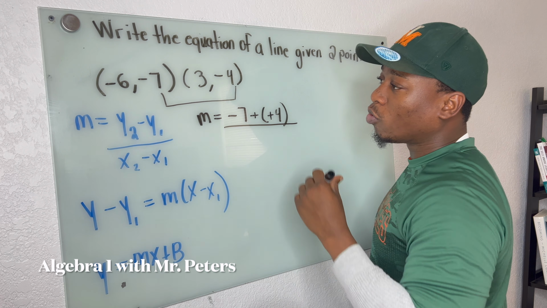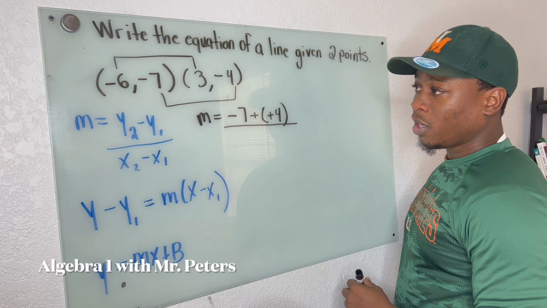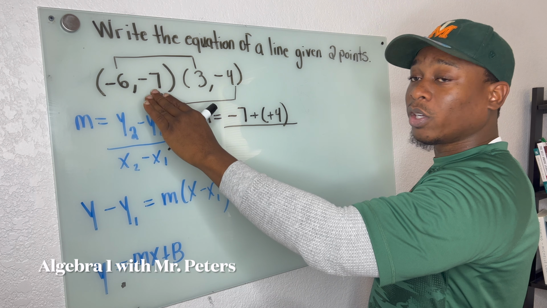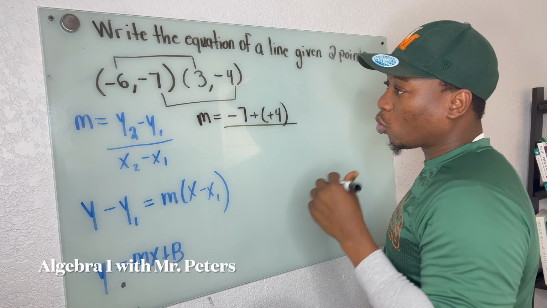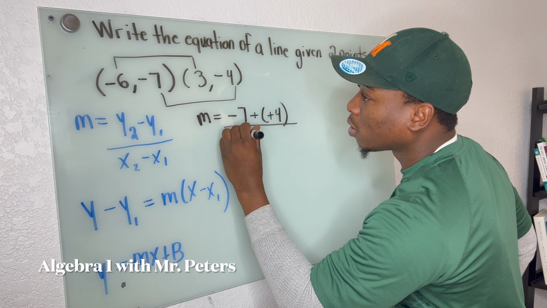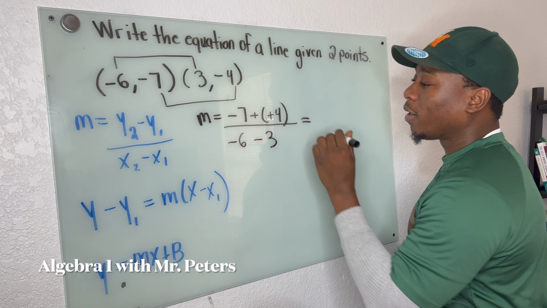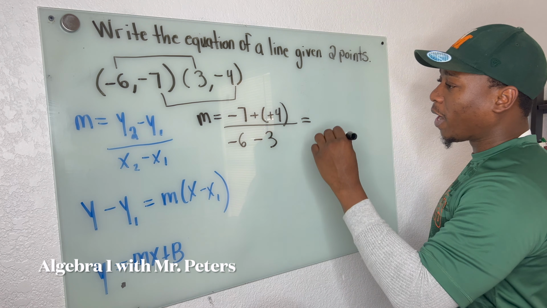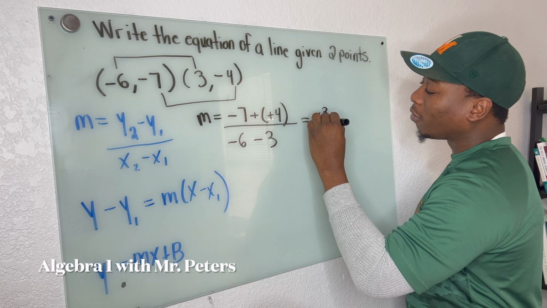And now we're going to go back and we're going to do the same thing with our x coordinates, right? And we're going to make sure we start in the same parentheses as we did with our y. So we're going to do -6 minus 3. Now, at this step, guys, we're just going to make sure we combine. We're going to get -3 over -9.